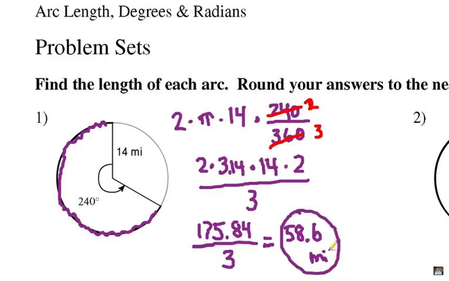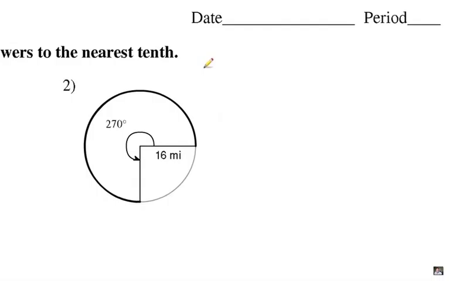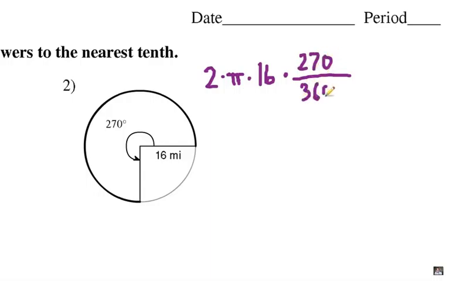All right, let's try number 2. Do you remember the formula? Yes, we're going to take the entire circumference, so that's going to be 2 times pi times the radius, 2 pi r. The radius in this case is 16 miles. And we're going to multiply it by the part of the circle we're talking about, which is 270 over 360.